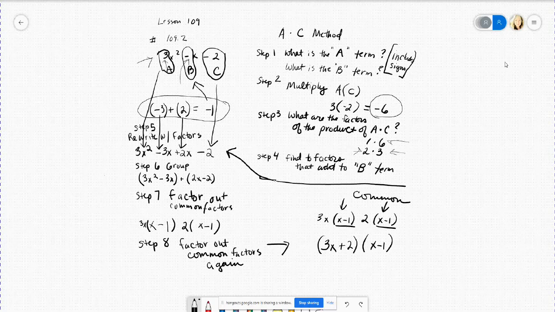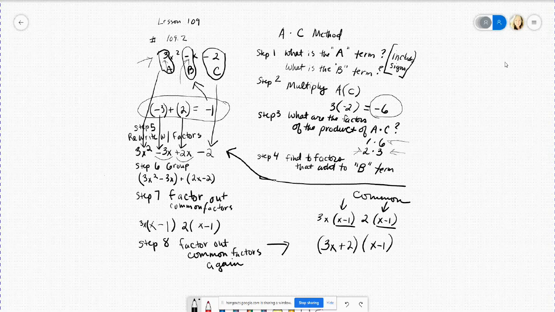So the next step, step 5, is to rewrite this trinomial with that middle term separated into two factors. We're using this -3x and this +2x in place of the -1 that was originally there, okay? So we're rewriting this as 3x squared minus 3x plus 2x minus 2.